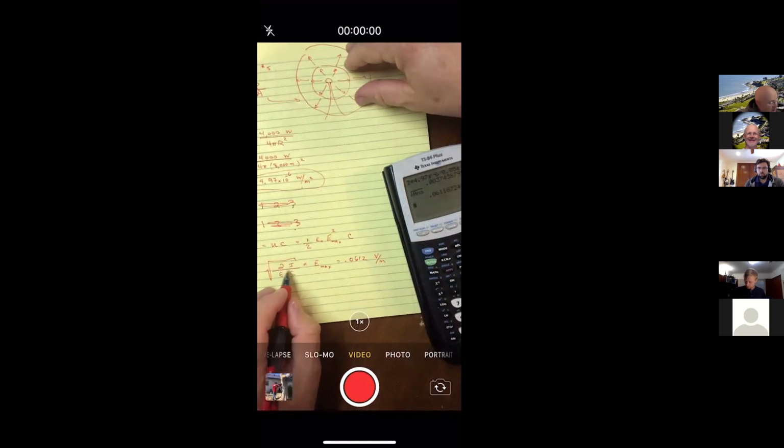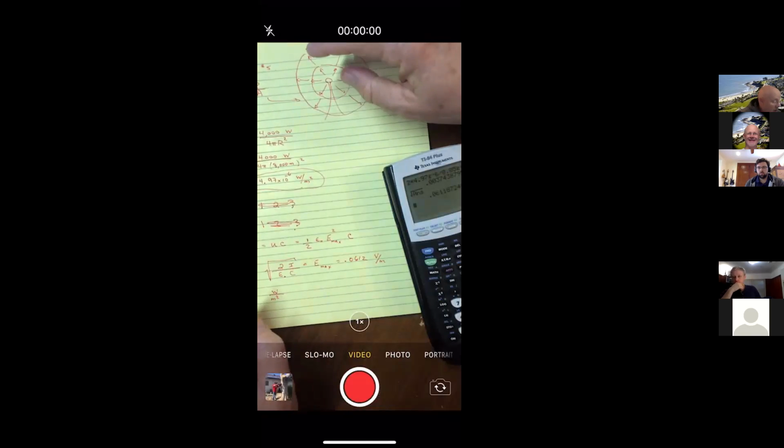Although it might be nice to check the units. The intensity was a watt per square meter. Epsilon naught, that goes back a while.